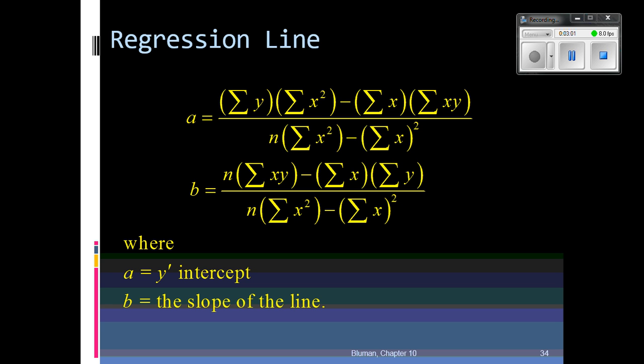So for this example on these notes, we're going to treat A as our y-intercept and B as the slope of the line. But I always want you to look at your calculator and see what form it's in.